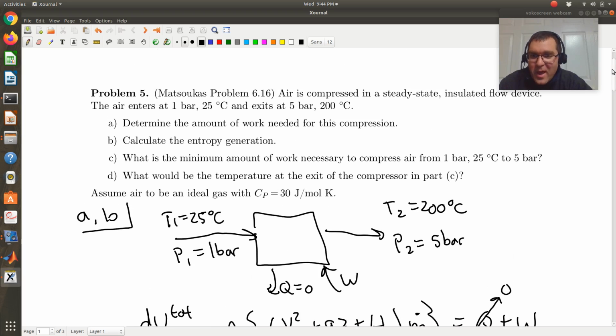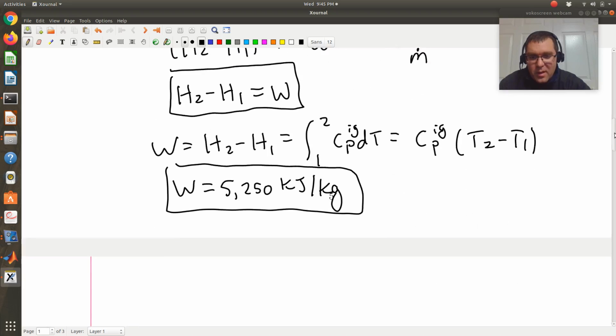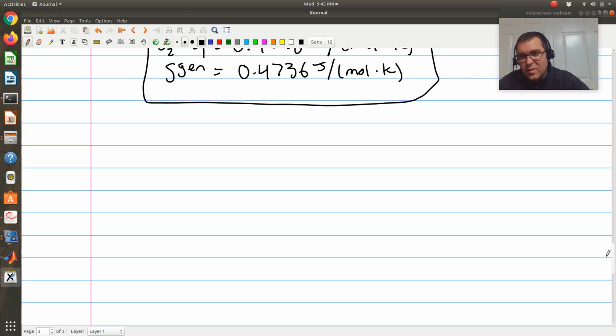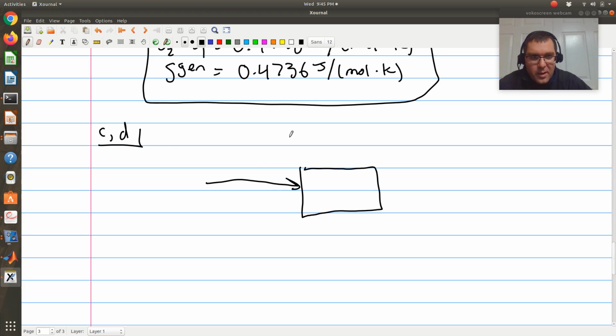So now we've calculated work for A. We calculated entropy generation for B. Now C and D I'm going to tackle separately, because what's going to be different is now I'm going to have my same inlet stream.